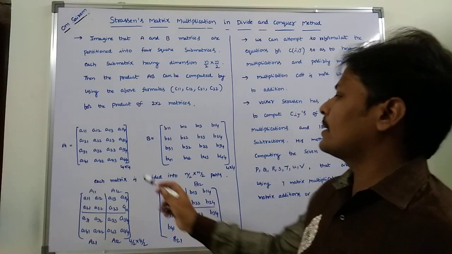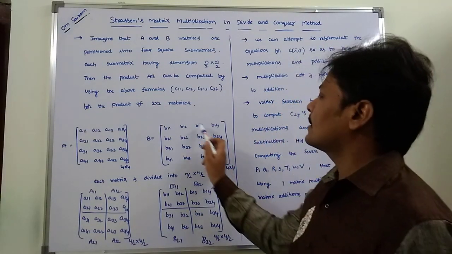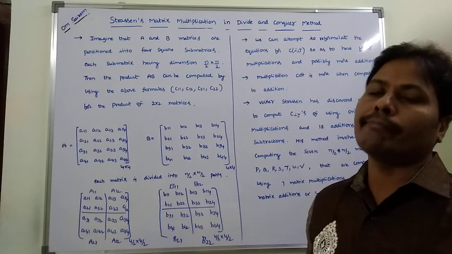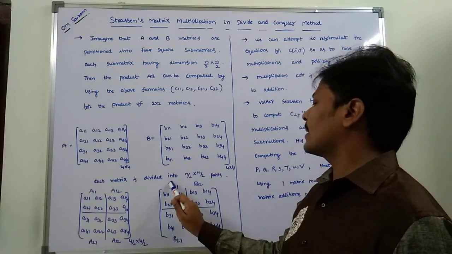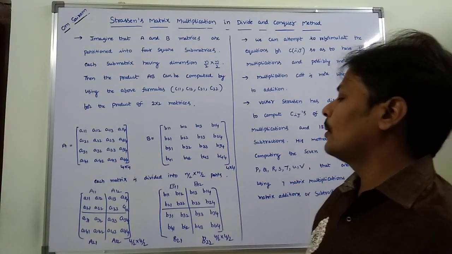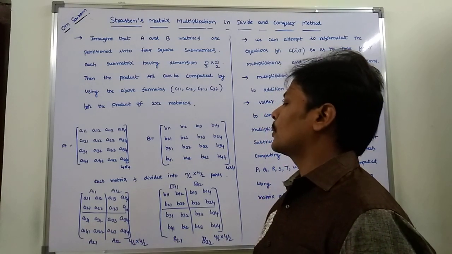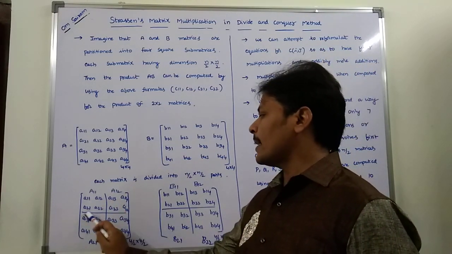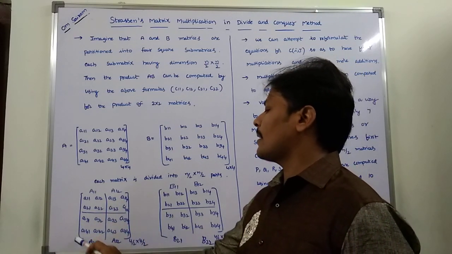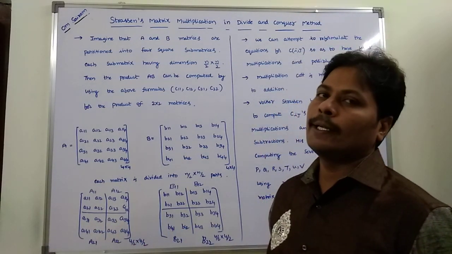This is the given matrix A, a 4 by 4 matrix, and this is the given matrix B, also a 4 by 4 matrix. Each matrix is divided into n by 2 parts. So the given matrix A can be partitioned into 2 by 2 matrices: this is a 2 by 2 matrix, and this, this, and this are also 2 by 2 matrices.